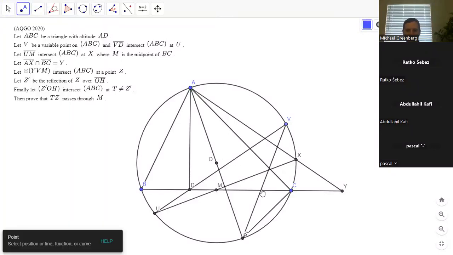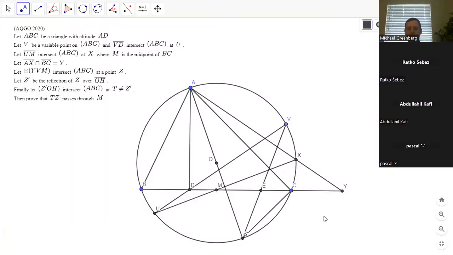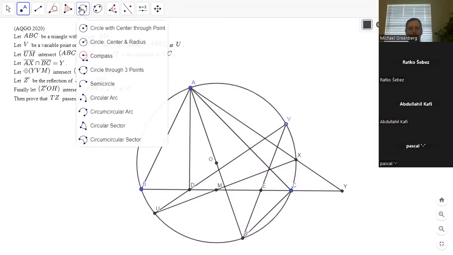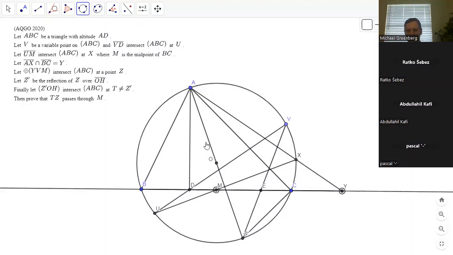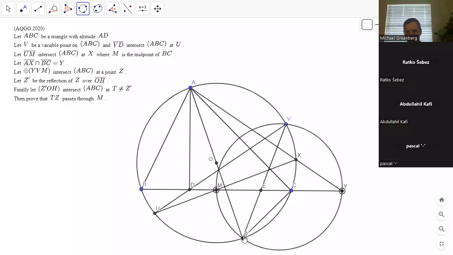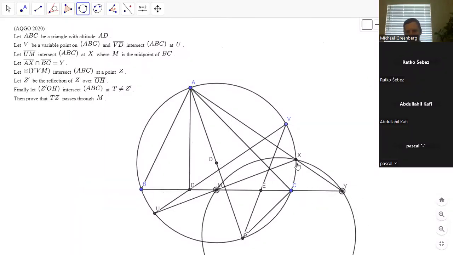So one way we could let these intersect, we could try to show ME times MY is VE times EZ double prime. I don't know if there's some other circle going through ME and Y. Not sure.